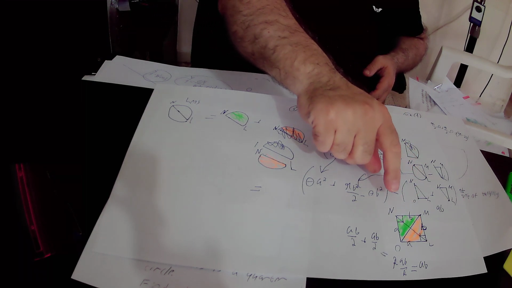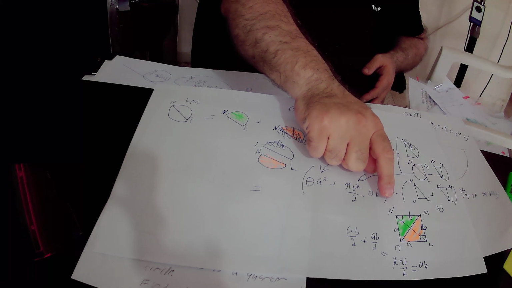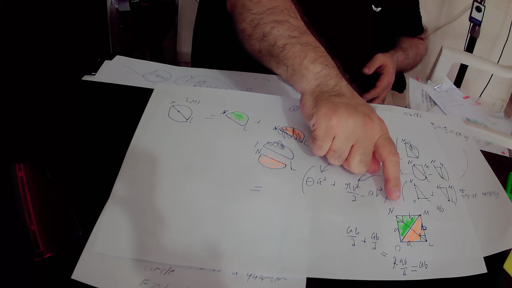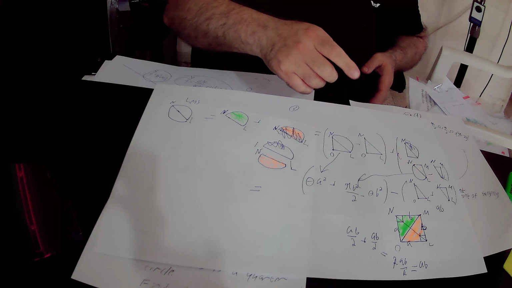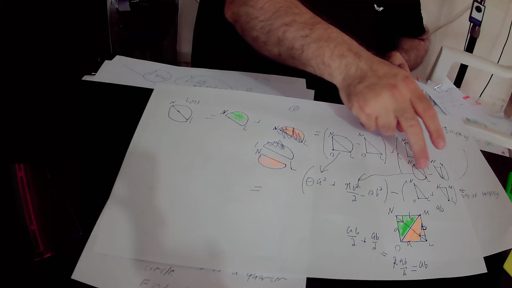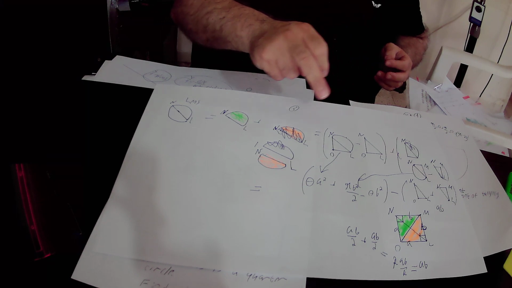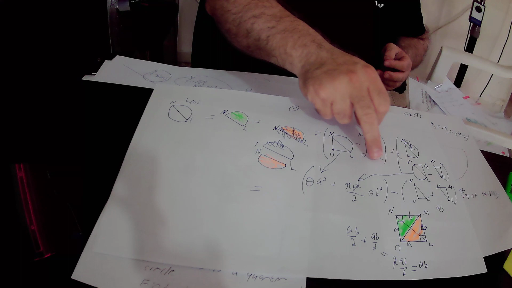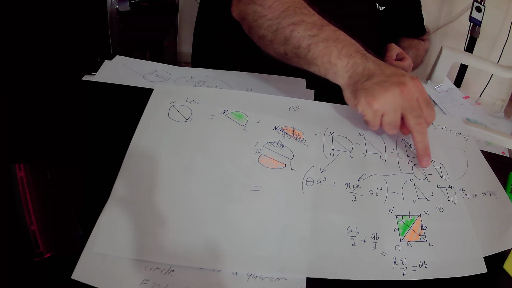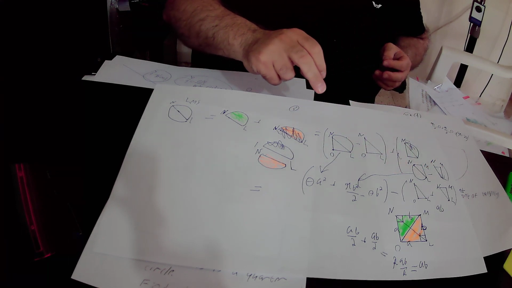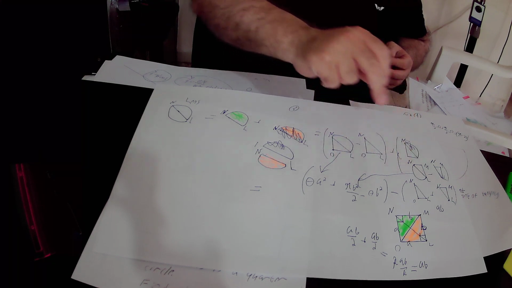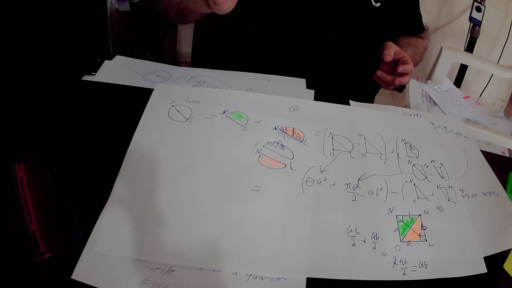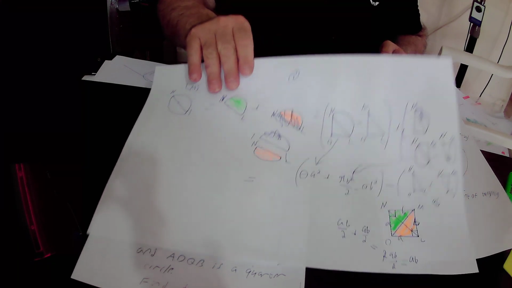We calculated the areas of the two right triangles. We concluded and found out that the sum of the areas of those two right triangles is A times B. So we have to subtract from the sum of the areas of those two sectors the sum of the areas of those two triangles, that is AB. So we subtracted AB from this sum, and this is the area of this lens, that could be any lens.